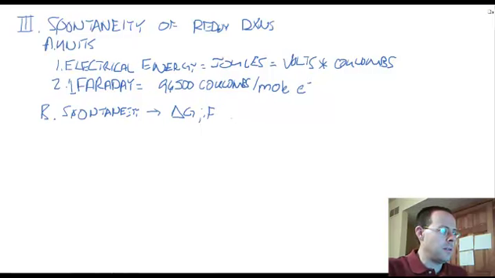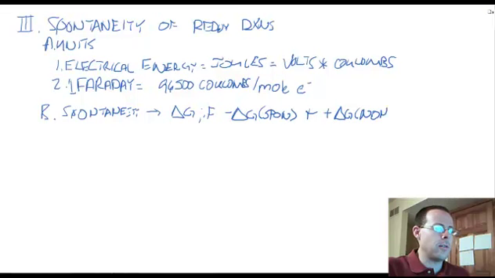If we have a negative delta G, we have a spontaneous reaction, and if delta G is positive, we have a non-spontaneous reaction. Again, delta G is a combination of delta H and delta S, with the equation delta G equals delta H minus T delta S.